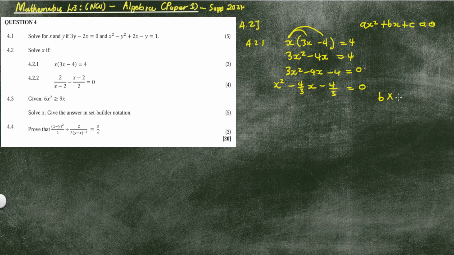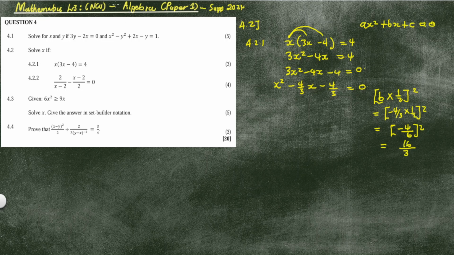Now b, we multiply it by a half and square the answer. So what is b? That's −4/3 multiplied by a half, squared.